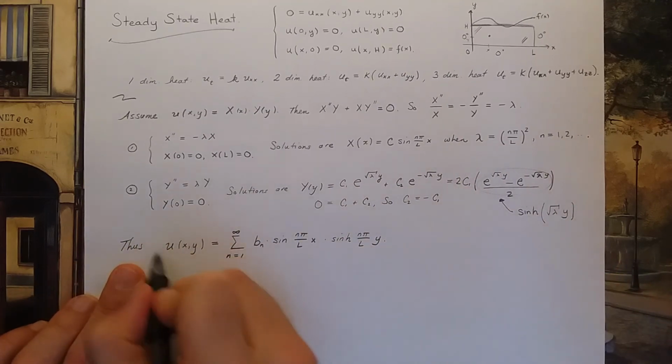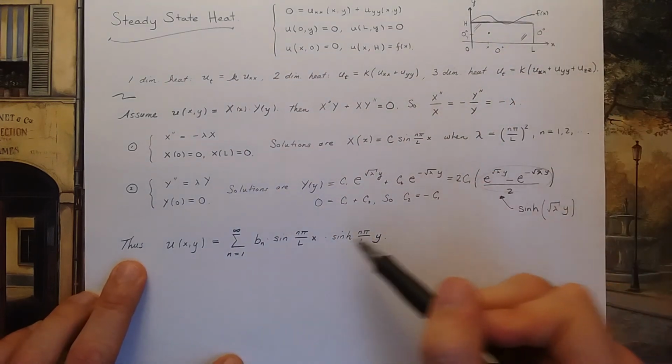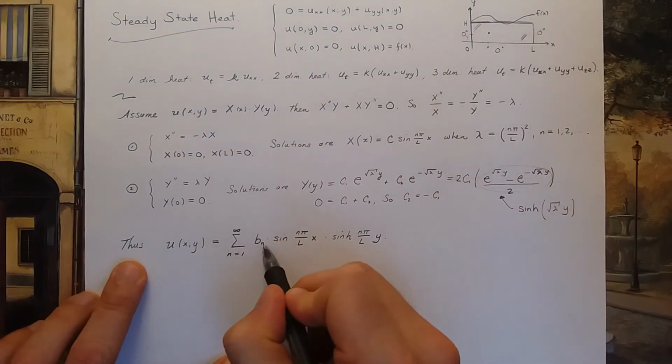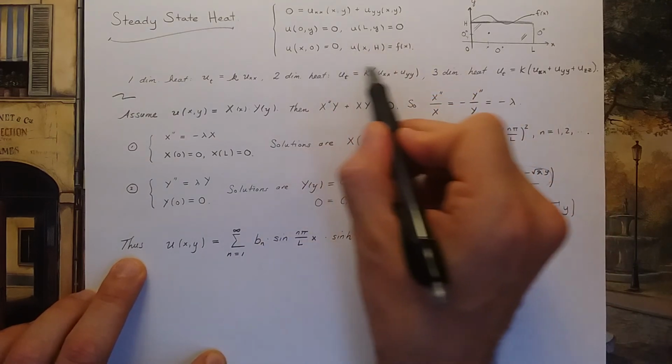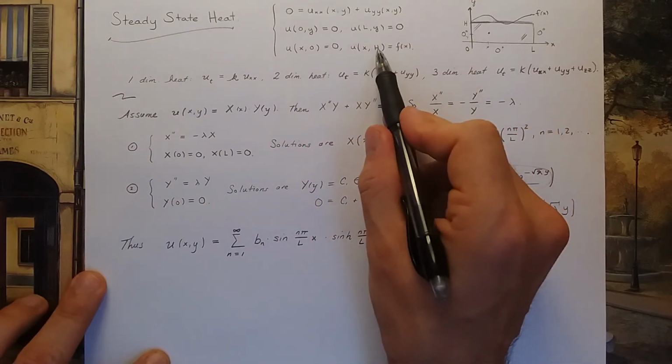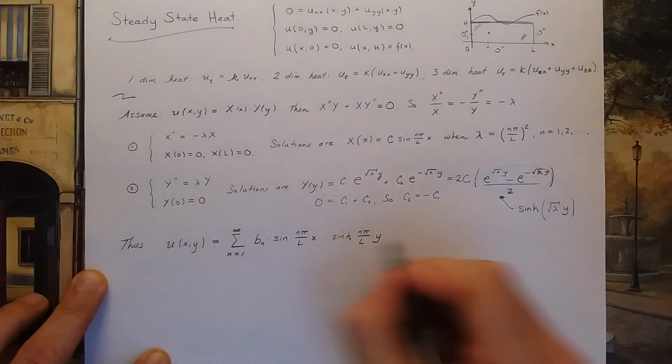So this is my general solution to the steady state heat equation with the constants there. I could find the constants using this final condition I haven't employed yet.